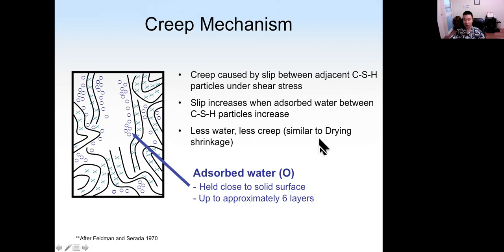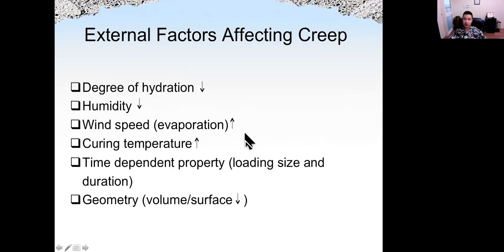This is similar to drying shrinkage: less water, less creep, less water, less drying shrinkage. You will see different parameters affect creep and drying shrinkage pretty much the same, because the mechanism of shrinkage and creep is pretty similar. It is caused by slippage of the CSH sheets.